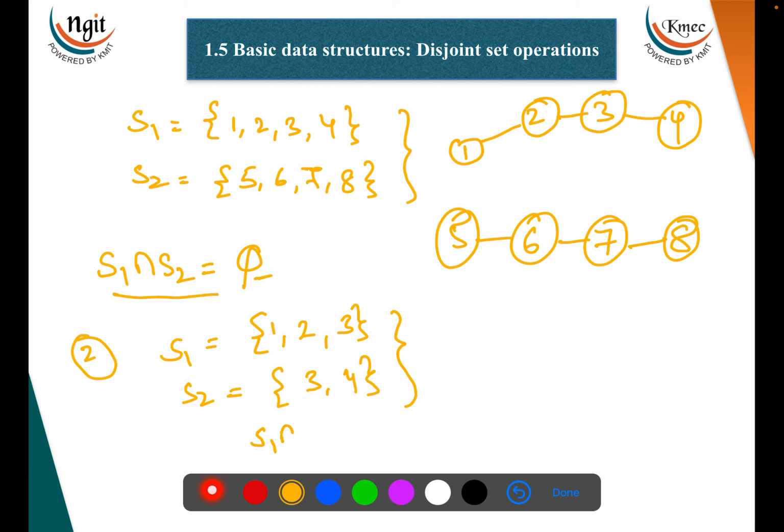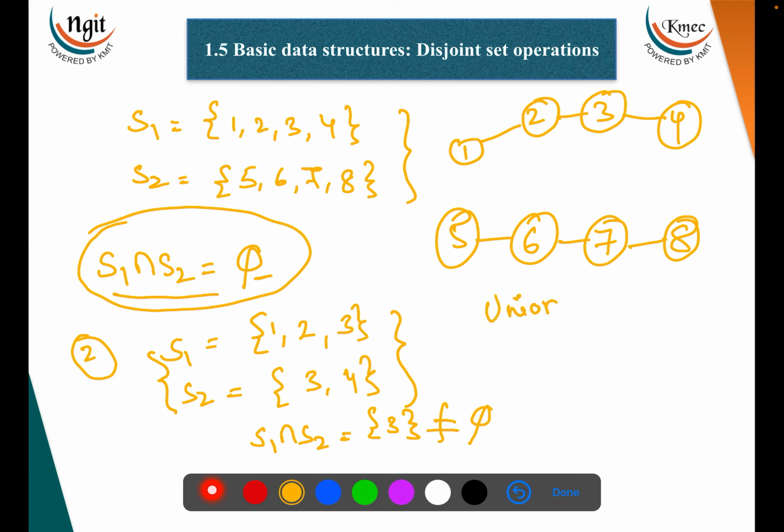Now check, S1 intersection S2 is equal to what? {3}. That means it is not equal to phi. Hence S1 and S2 are not disjoint sets. Now, let's go back to the above one. In the above one, we found these are disjoint sets. After you find it is a disjoint set, you can perform the union operation.